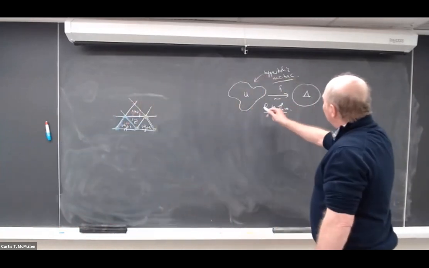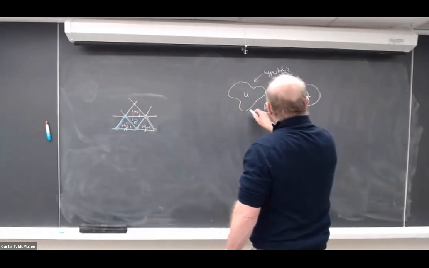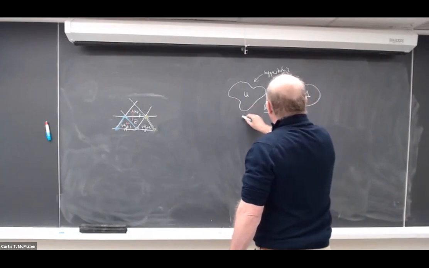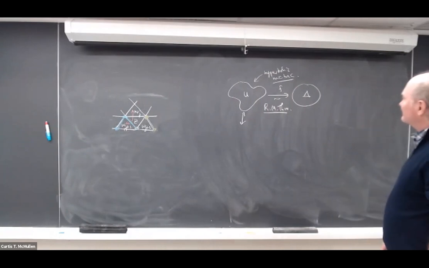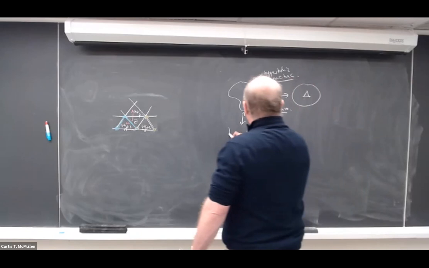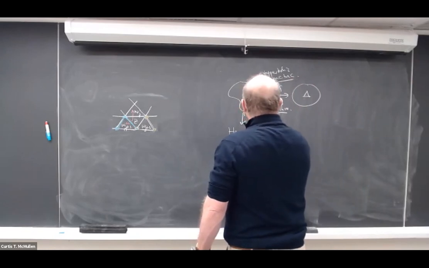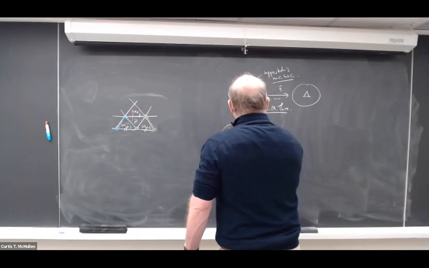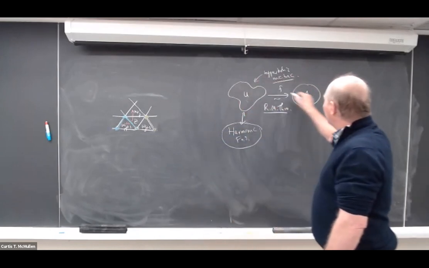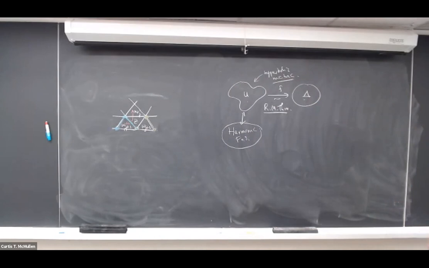But rather than pursuing that direction, we took a different tack to conformal invariance, which is we also observed that harmonic functions are conformally invariant. If you have a harmonic function on U, it's the same thing as a harmonic function on the disk, up to a change of coordinates.